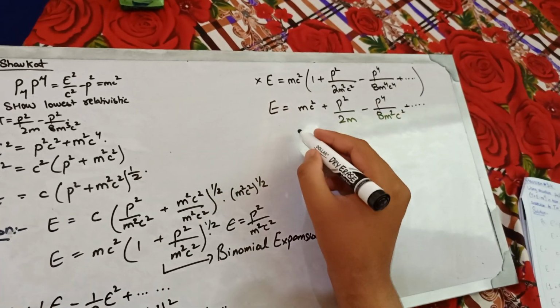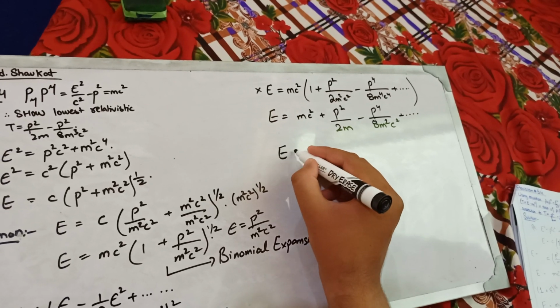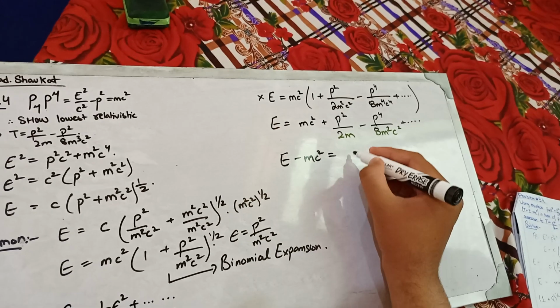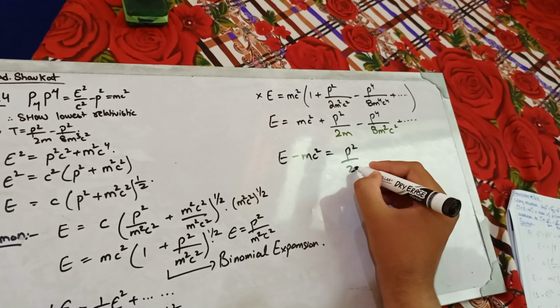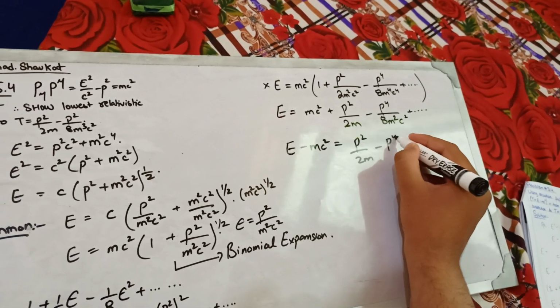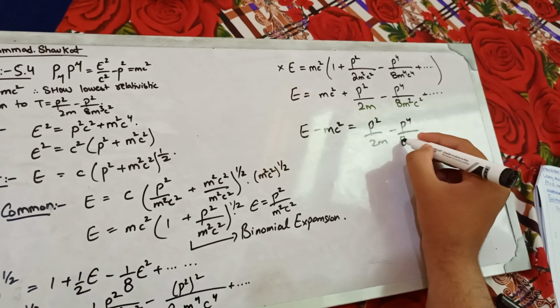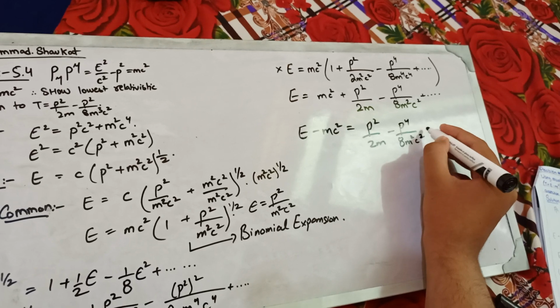Ignore higher order terms. Now move this mc² to the left side: E minus mc² equals p²/2m minus p⁴/8m³c².